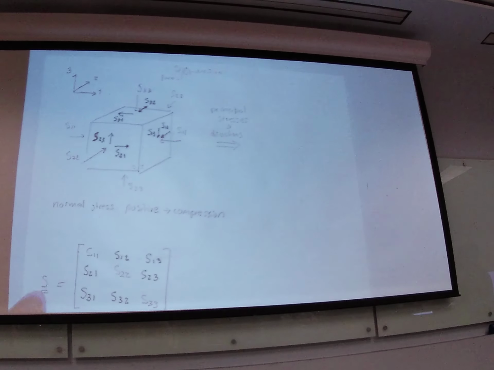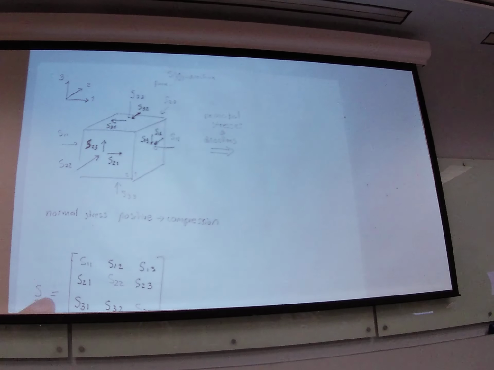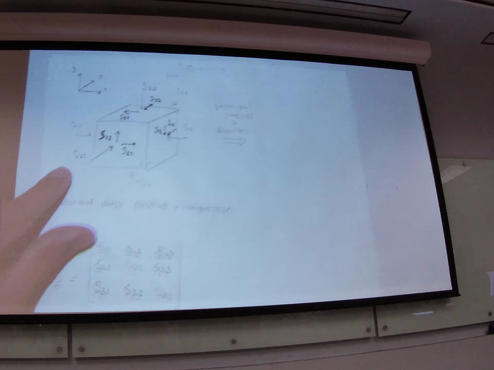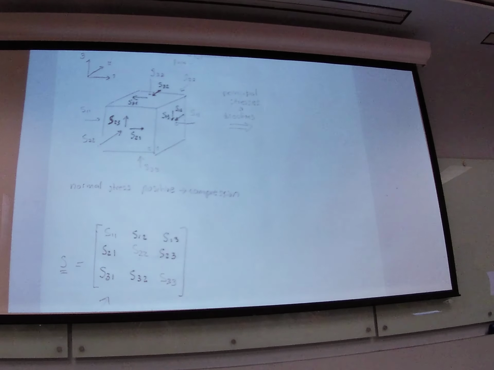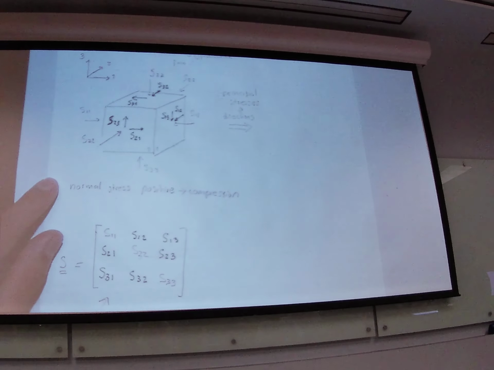So what are those principal stresses and principal directions? Let's say that you measure the state of stress at a location and you get all these 9 numbers with a given coordinate system.